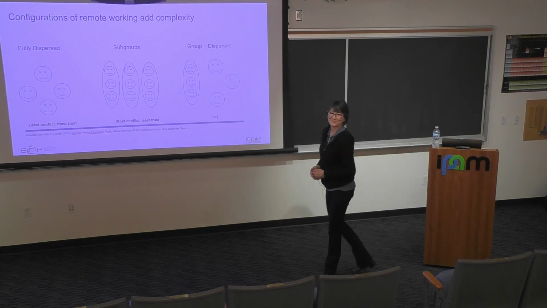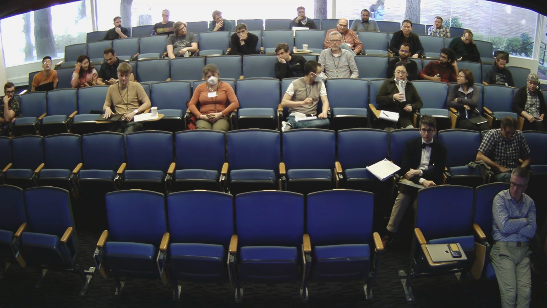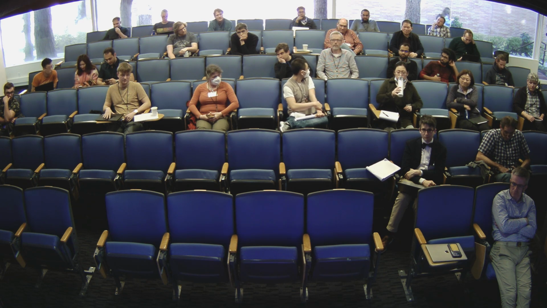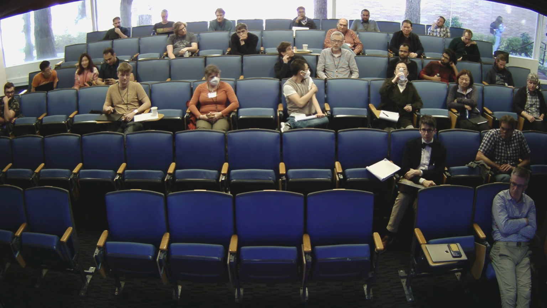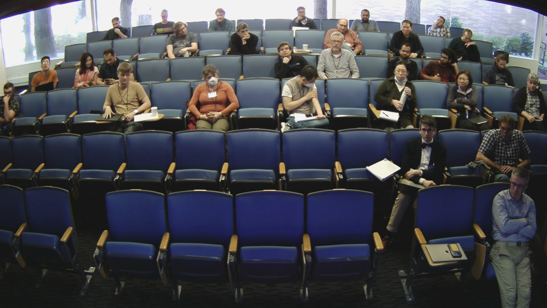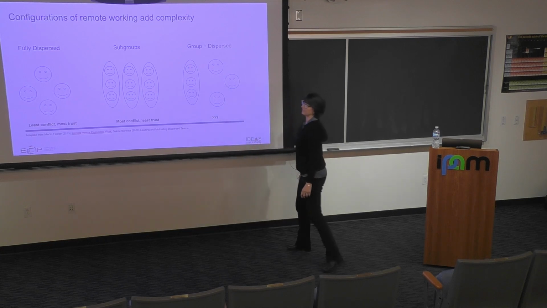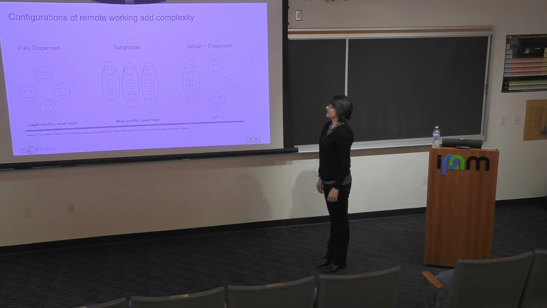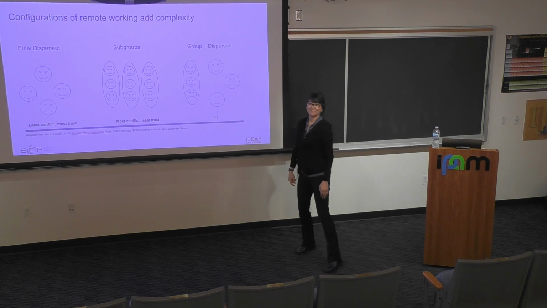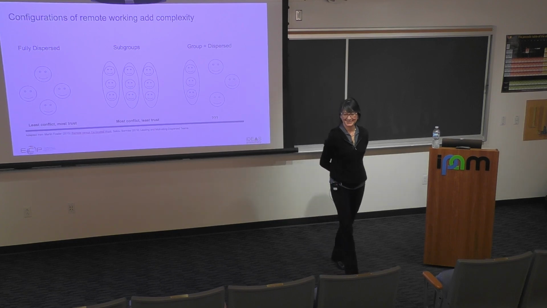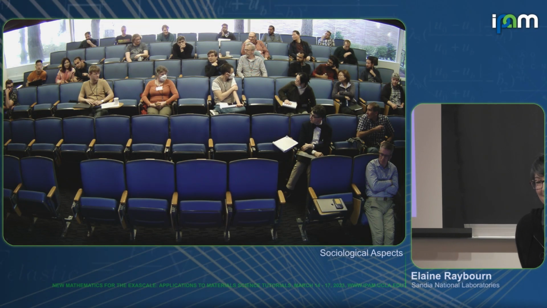Yes. I'm surprised that there isn't a default example here of a single group, which I thought would have the most trust. You mean like this? Yeah, those three smiling faces. Right, okay. Well, I can tell you, at IPAM we had the summer program, and we inadvertently had an experiment in COVID where one summer everything was remote.